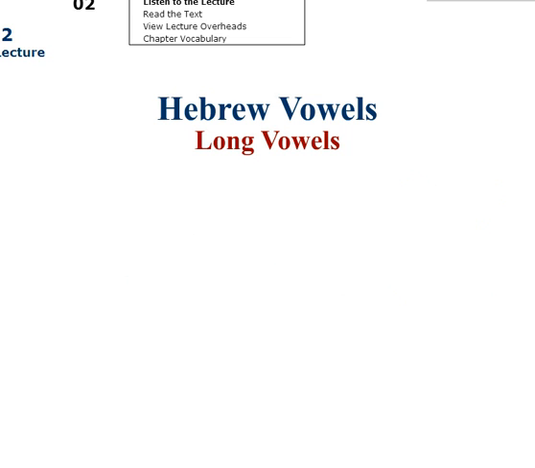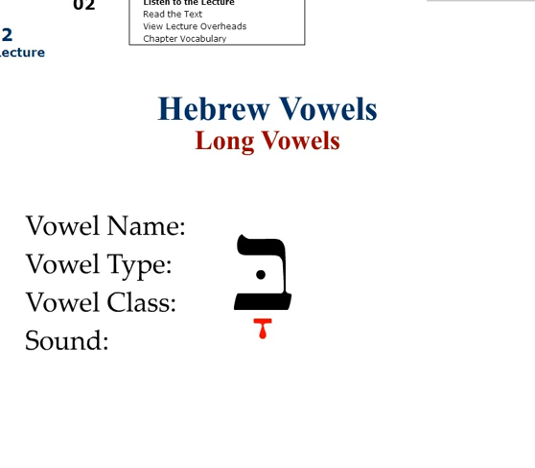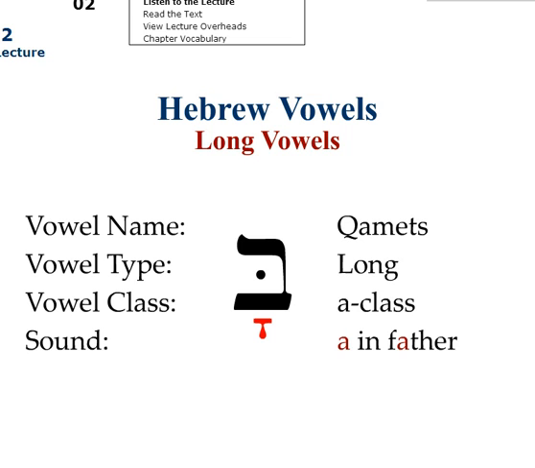So if on a quiz I give you a bet with a qamets beneath this consonant, you must be able to tell me that the name of the vowel is qamets, that its type is long, that its class is A class, and that its sound is like the A in father. You will not be asked to give transliteration.